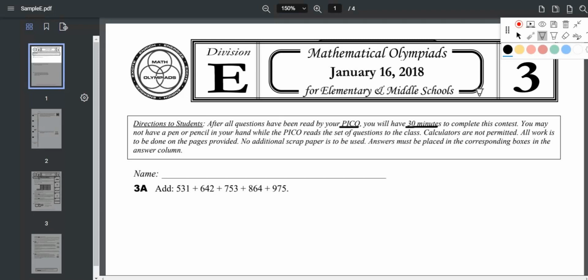You may not have the pen or pencil in your hand while the PCO reads the set of questions, so there is a listening time. Calculators are not permitted, of course. All work has to be done in the pages provided. No additional paper is provided, and the answers must be placed in the corresponding boxes. So the student starts by writing the name and then answering the question paper.